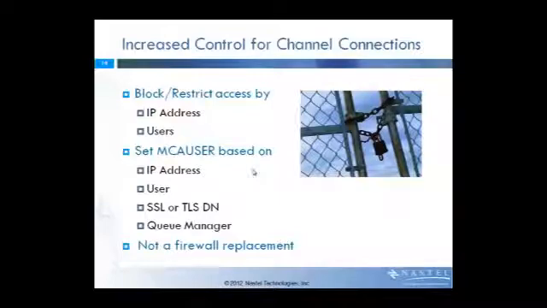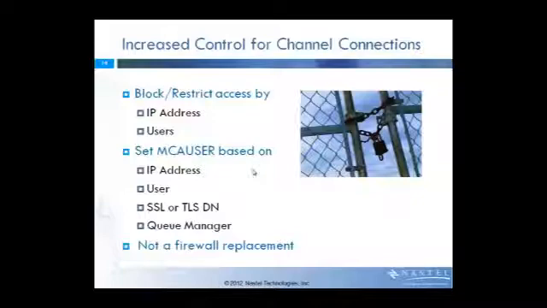With this now, you can actually set different MCA users based on different IP addresses. You can basically set it up again based on user, by the SSL connection that's being used, or by the queue manager that's making the channel connection in the case of a queue manager versus a client connection.